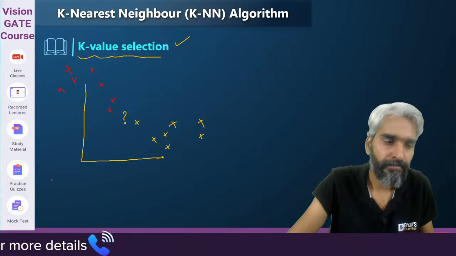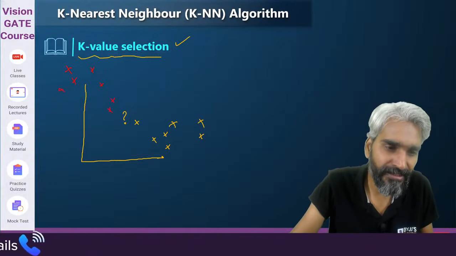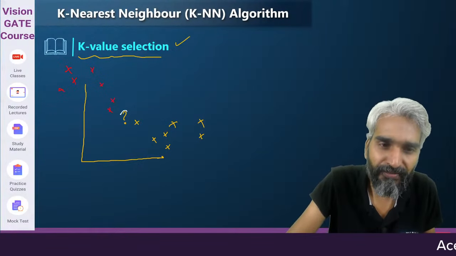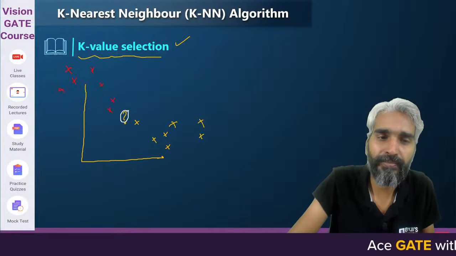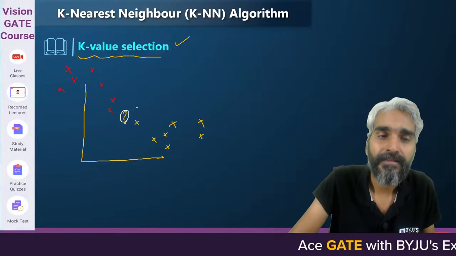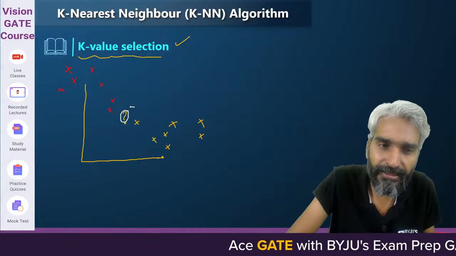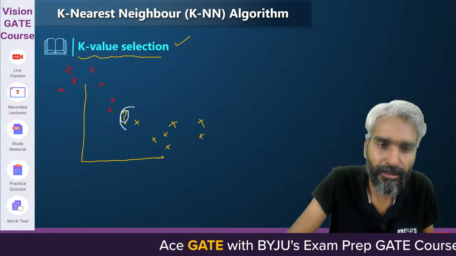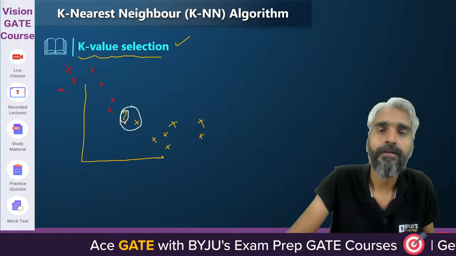Please try to understand this: if this is a new input and we are trying to classify it, if we take the k value as 1, then this will eventually belong to this yellow color portion.